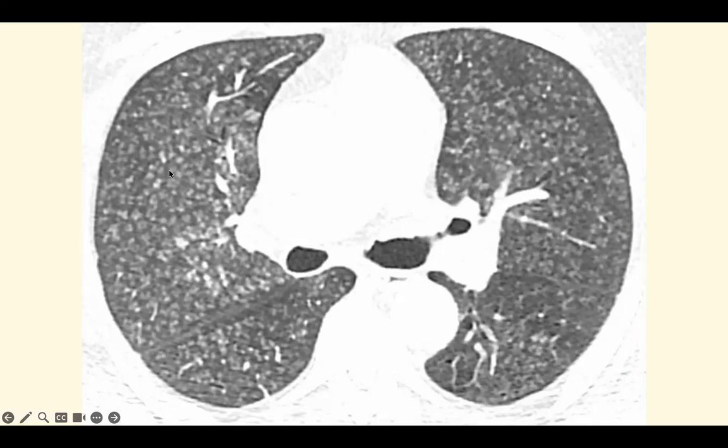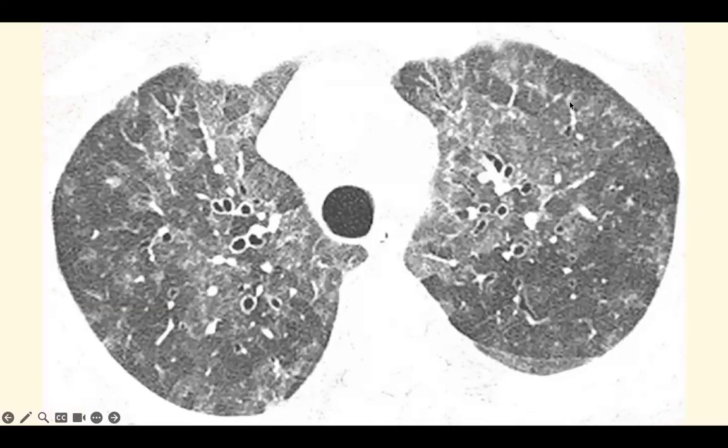And this is logical because they involve the center of pulmonary lobules, so they will be evenly spaced from each other. Even if they are in clusters or grouped, they will also be evenly distributed from each other, like here. And this region is spared. This is another region spared, but they will also follow that they are at the center of pulmonary lobules.